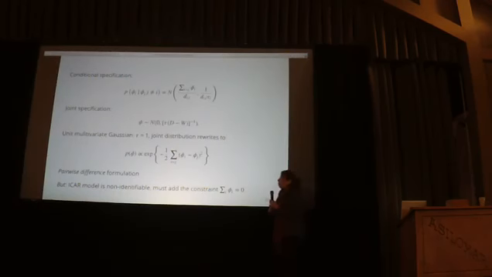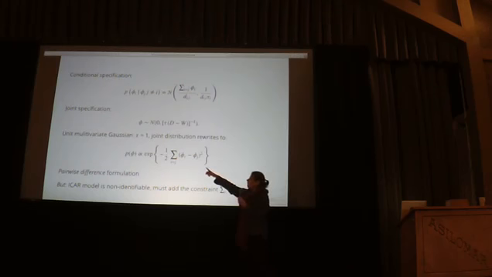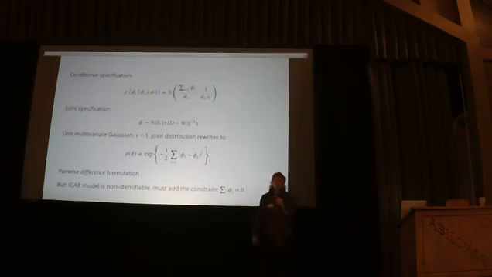So for each phi, we're interested in computing the squared difference, the distance between its neighbors. And we just sum that all up, and that is going to give us our spatial random variable for spatial smoothing.